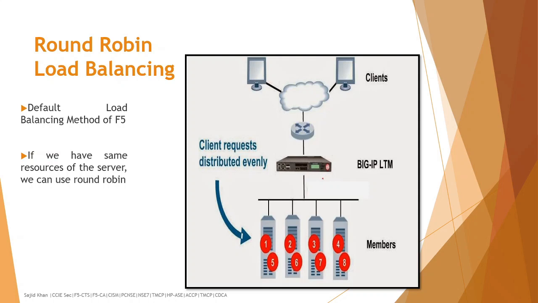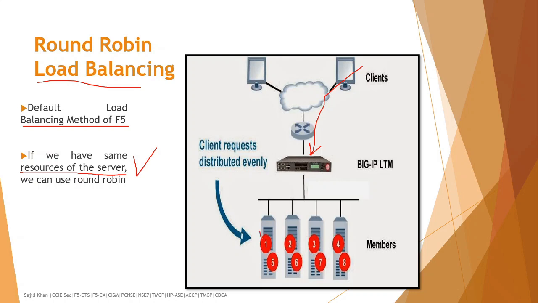So now let's discuss round robin load balancing method. Round robin load balancing is the default method of F5, and the use case of this load balancing method is when you have the same server resources. In this diagram you can see that the client request is coming to the BIG-IP device and it is forwarding the request in a round robin fashion.